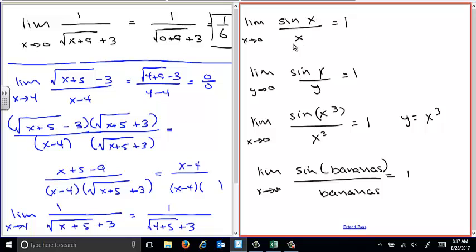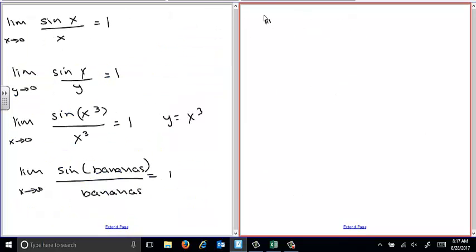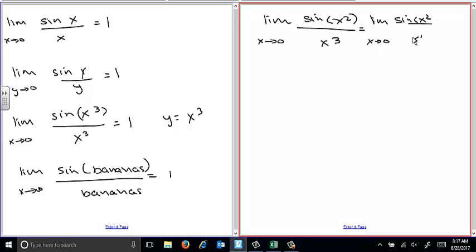If you had something like the limit as x goes to 0 of, actually what would I have? The sine of x squared divided by x cubed, then you could break it up into two parts. The limit as x goes to 0 of the sine of x squared over x squared, which is 1, times the limit as x goes to 0 of 1 over x, which is undefined.